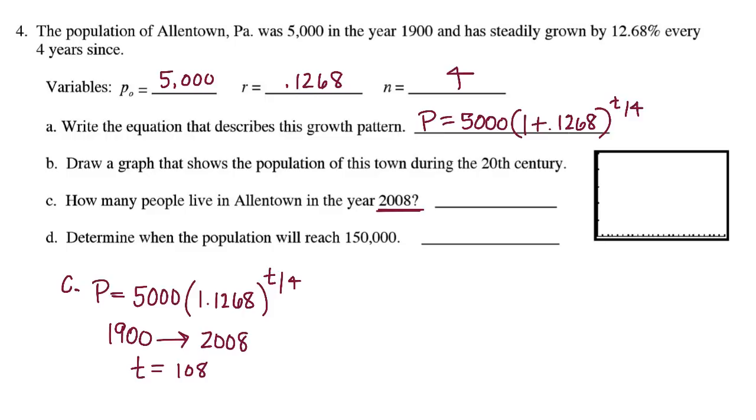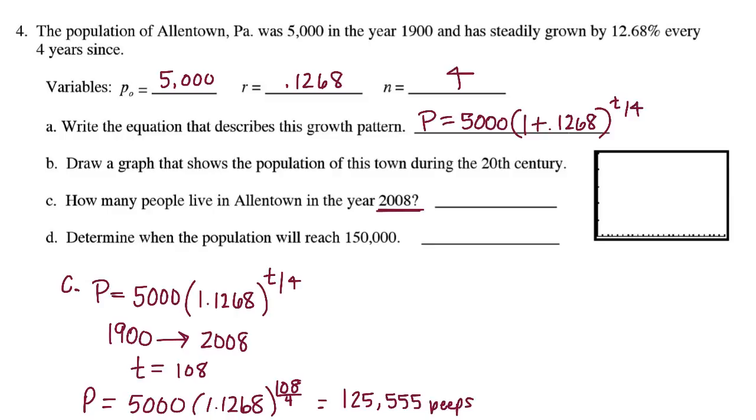So that's what we need to plug into our formula. So our new population is going to be equal to 5,000 times 1.1268, and that's going to be raised to 108 divided by 4. And when we type that in our calculators, you should get 125,555, and that's going to be people.